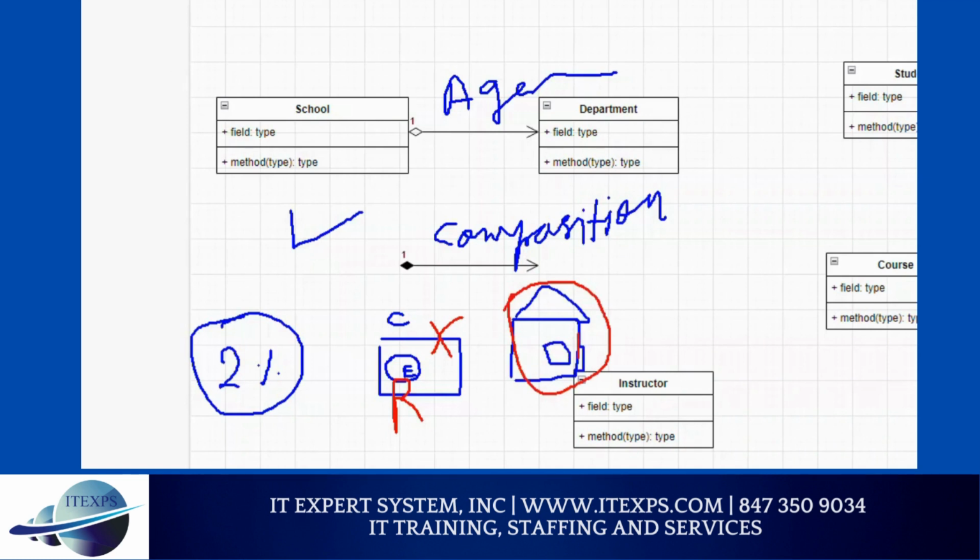What happens to this wall? Will the wall remain there, or will it burn out? Depends if you are in India or America. In India, maybe it stays if it's made of brick. Can you reuse it? No, it burns out, you cannot reuse it. So when the house is burned, most likely the wall is also burned.